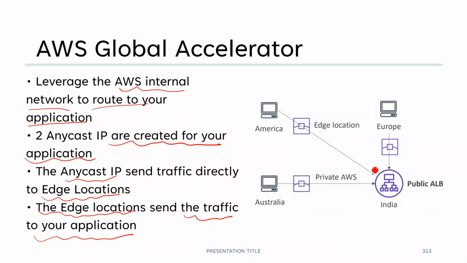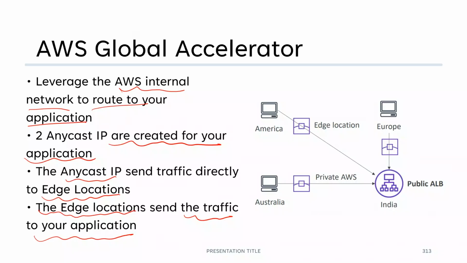For example, this is your public ALB over here. Basically, you use your Anycast IP to send the data to your edge location, and from your edge location the traffic is routed using AWS's private network to the destination.